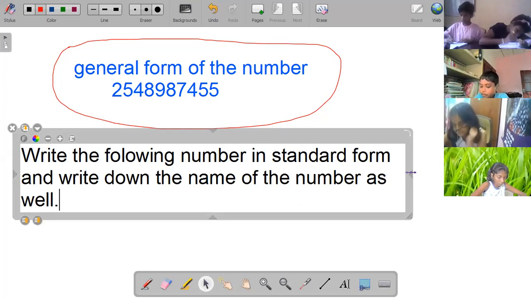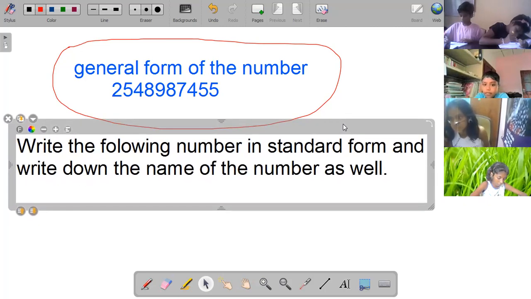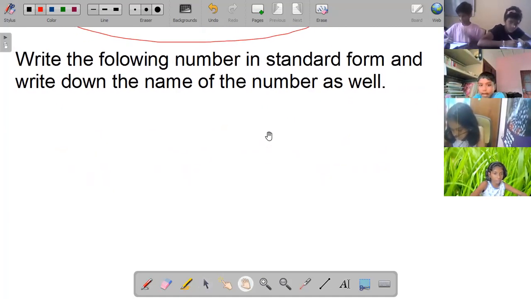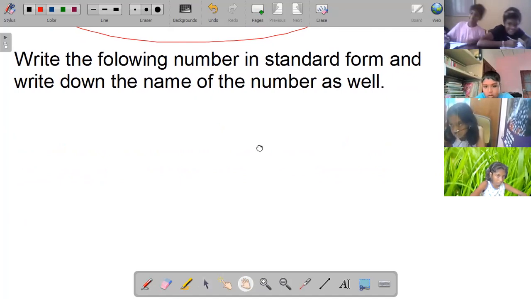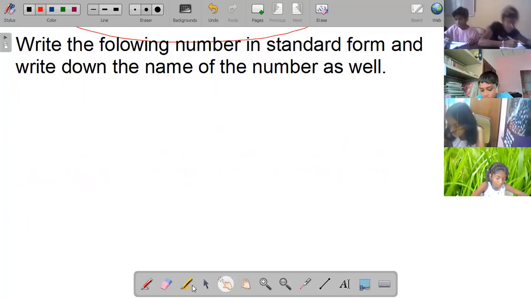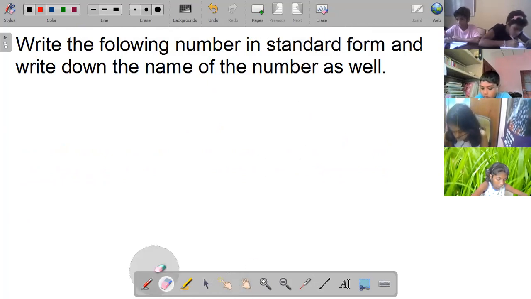As well means also. Write the following number in standard form and write down the name of the number as well. I will give the number, okay? I am giving a number now. You have to write it in standard form, and also you have to write the word form of the number.